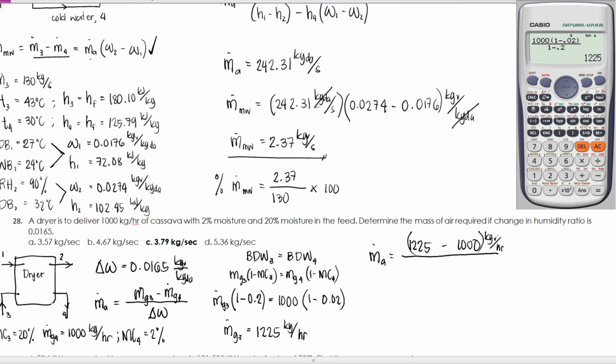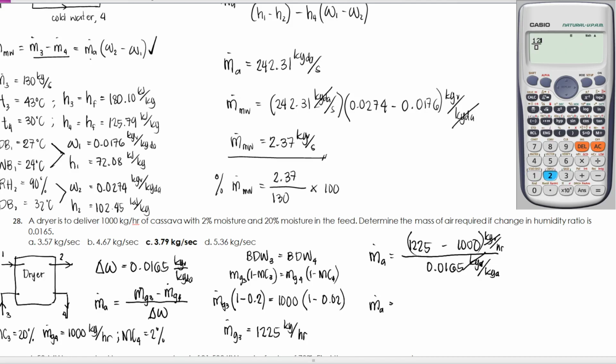Nababawas yung moisture content by evaporation. Kaya this is in terms of kilograms ng vapor per hour. At ang change of humidity ratio is 0.0165 kilograms of water vapor per kilograms of dry air. So, cancel out ito. So, makukuha nating mass of air is in kilograms of dry air per hour.